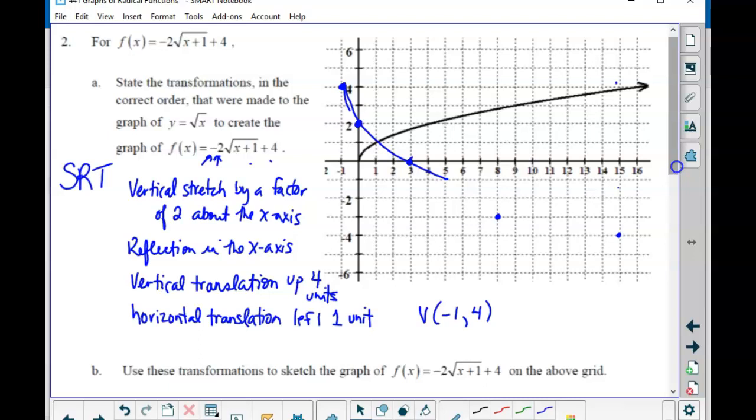Yeah, that's right. Okay, so 4 to the right, negative 4. Good. 9 is 3. 3 times negative 2 is negative 6. So 9 to the right, negative 6. There. I think I had it right before. There we go.